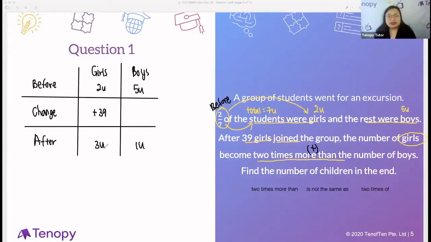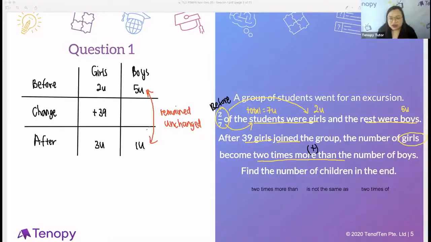So this is a similar concept to ratio, but because the P4s going towards P5 have not learned ratio, I'm putting it in a BCA method. Now, if you do take note, the boys remain unchanged. So I want to make the units the same.